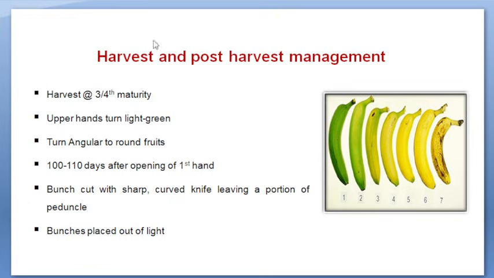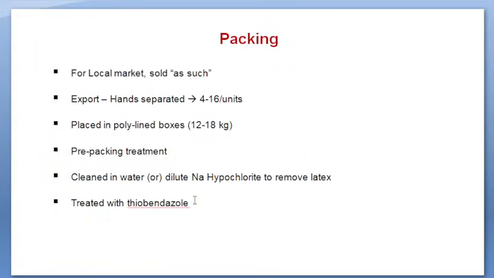While harvesting the bananas, it is not possible for one person. Two persons should stand. One person can hold the bunch, and another person can cut the bunch by leaving some 10 centimeter space. For the local market, we can sell the bananas directly.